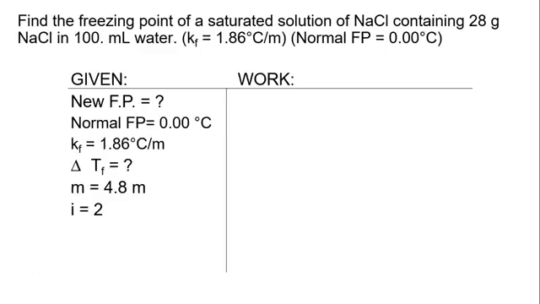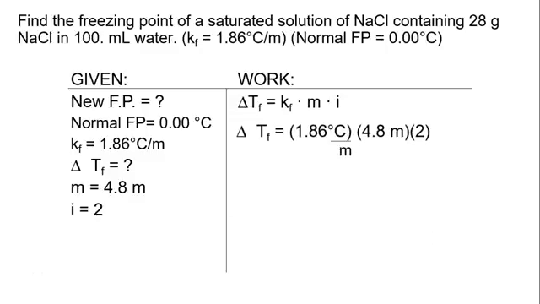Let's plug it in. So we want to find the change in temperature for the freezing point. That's going to be equal to the constant times the molality times i. Okay, and so here I've gotten my freezing point depression constant, and it looks like I changed it into degrees Celsius per molal, just so I can work with the molality unit.